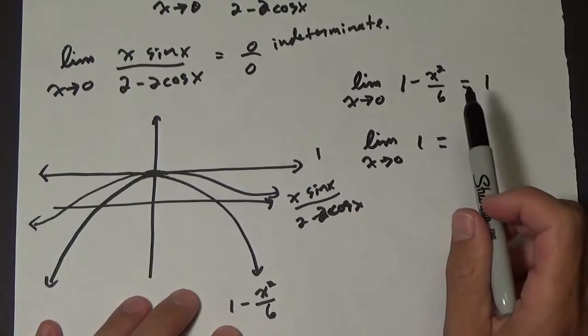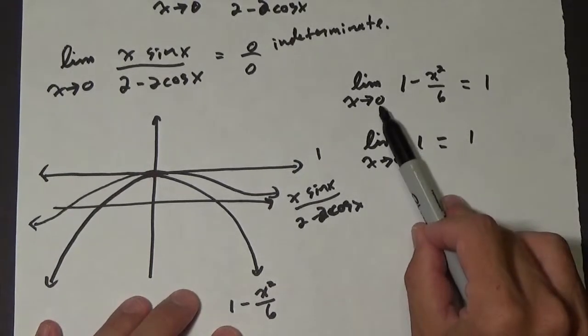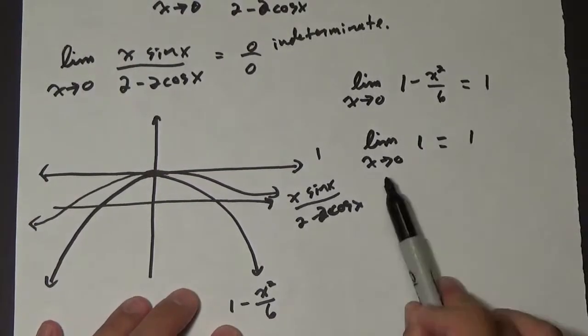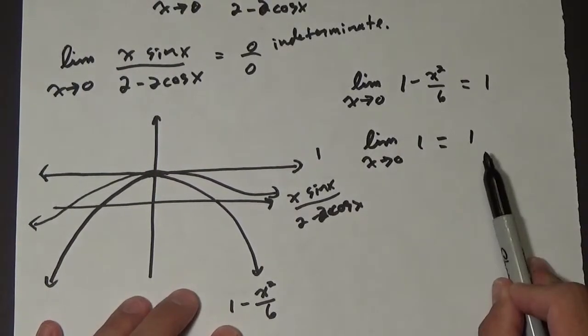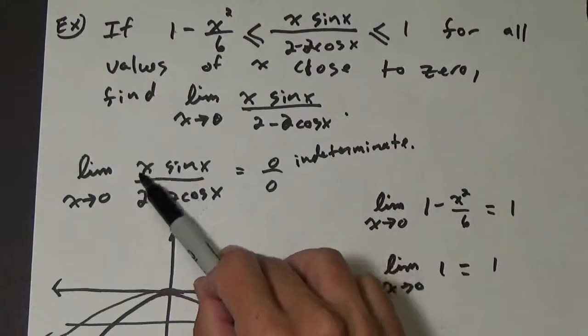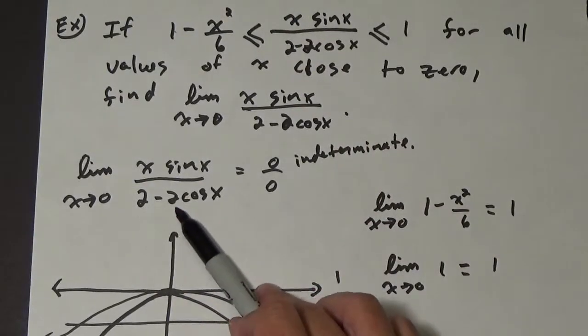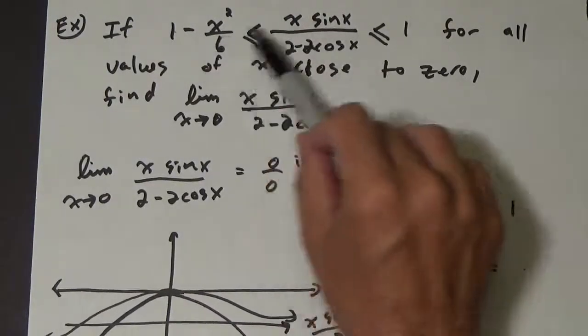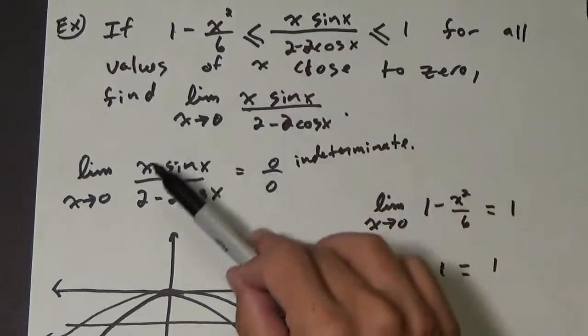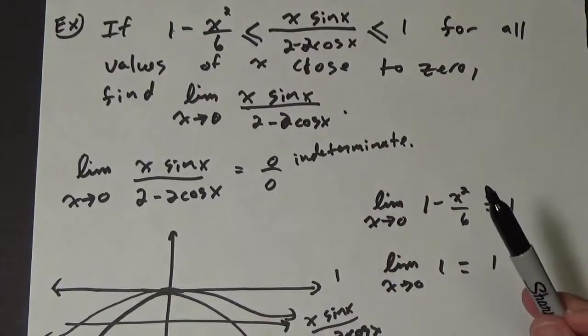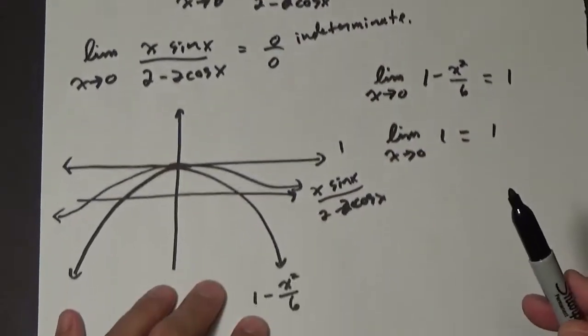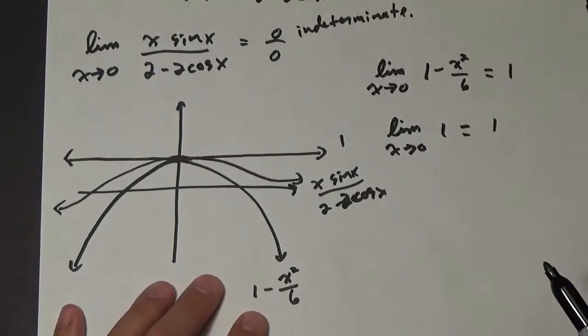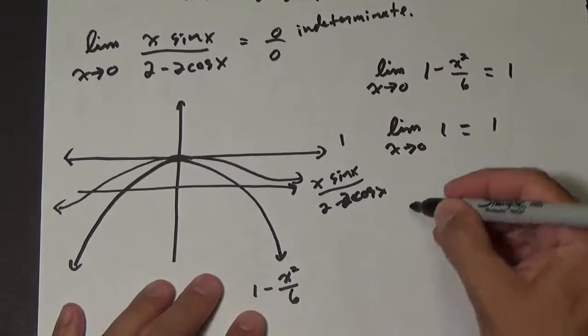If the limit of this one is 1, and the limit of this one is 1, and x times the sine of x over 2 minus 2 cosine of x is always between these two, then using the squeeze theorem, we can say that the limit of this has to be 1.